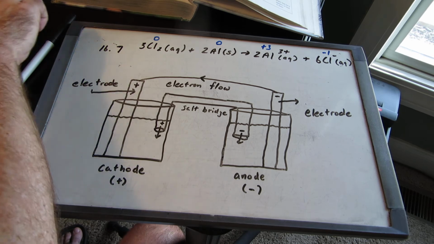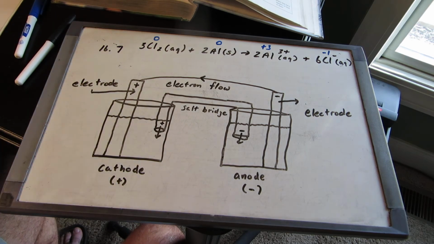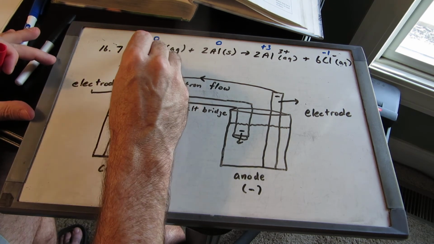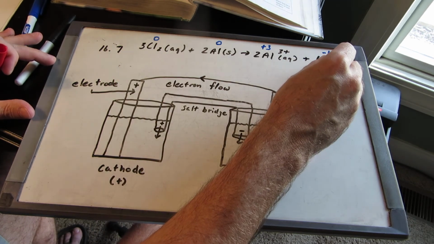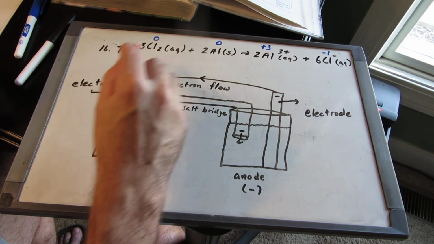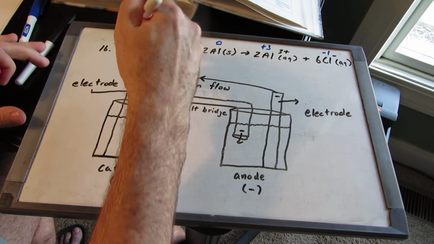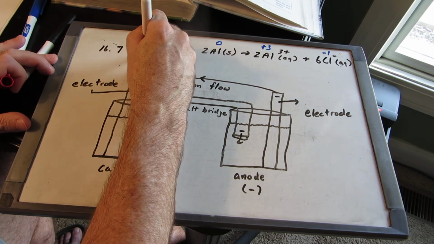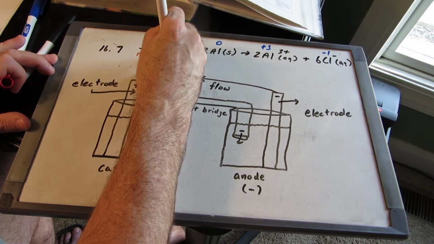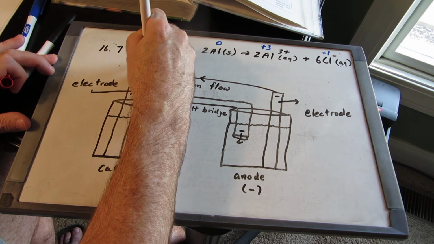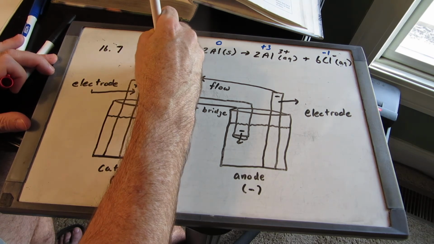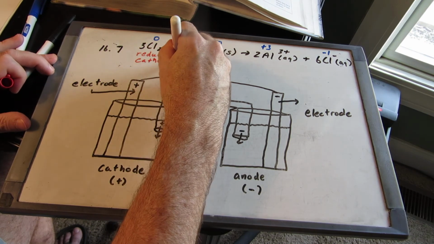So, we want to figure out the anode and the cathode. Well, chlorine goes from 0 to minus 1. It is reduced. The oxidation number is getting smaller, so it's reduced, which makes it the cathode, or the positive side.